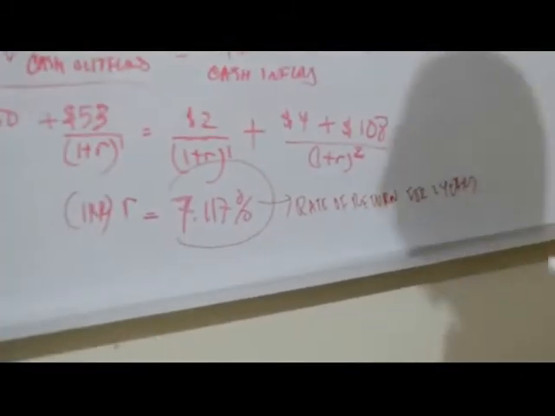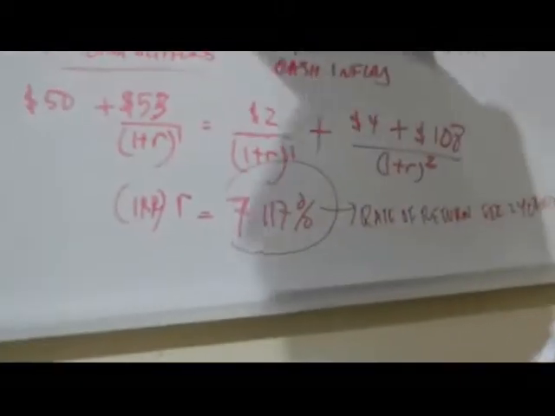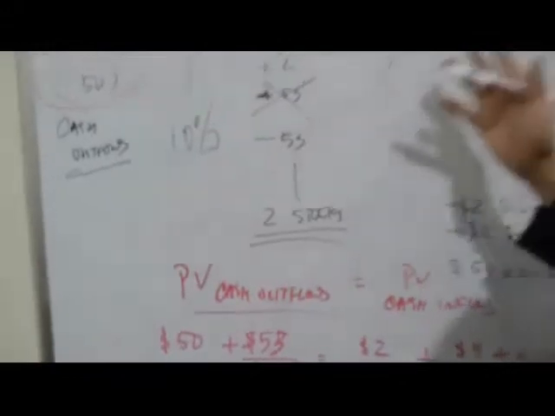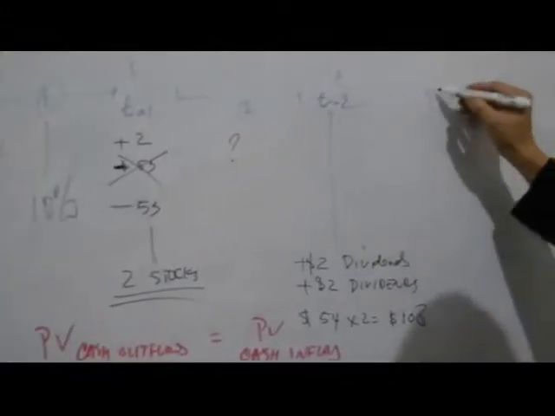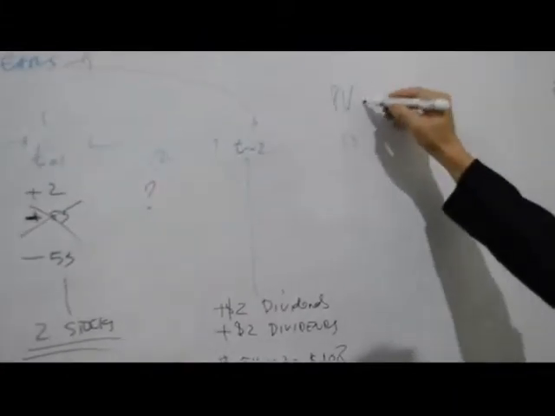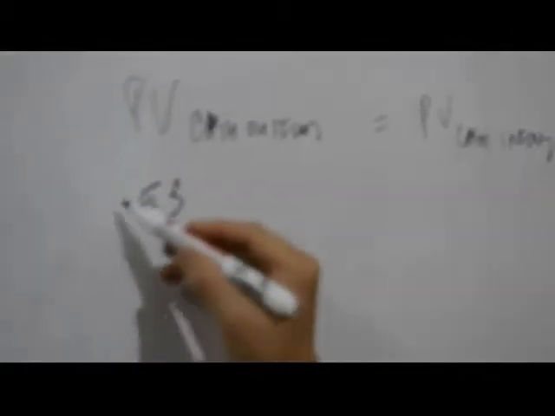As you know, in the first year, your rate of return is 10%. The same if you use the discounted cash flow method, very easy. You invest 53. This is the present value of your cash outflows, same as the present value of your cash inflows. 53, this is your second investment.